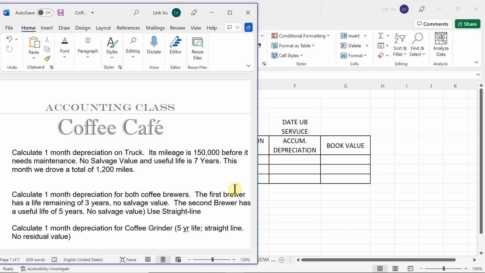Straight line says that you're going to take the total amount and divide it among its estimated useful life. Double declining says that you're going to use the asset way more in the beginning of its life than towards the end of its life, so you would depreciate it twice as fast. Activity method? Activity-based method, because in this case, how many total miles can I drive?